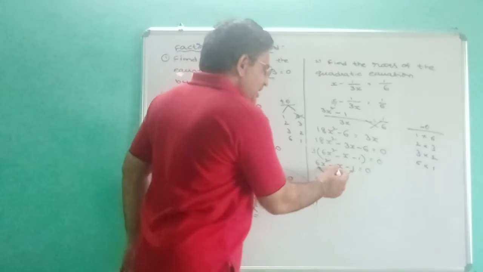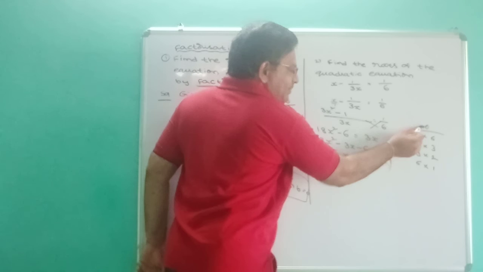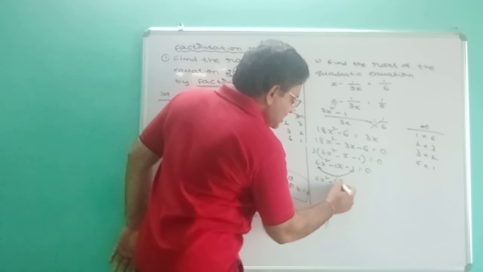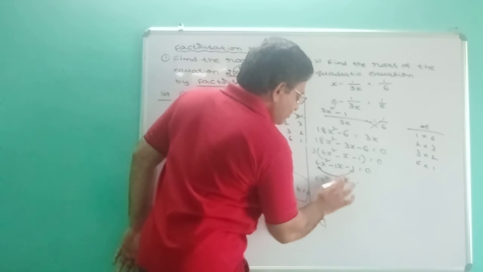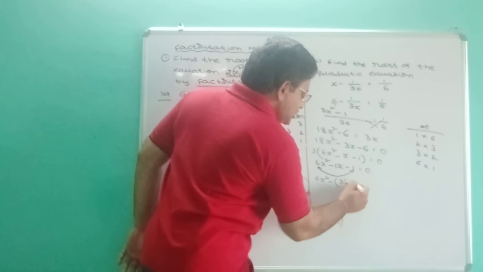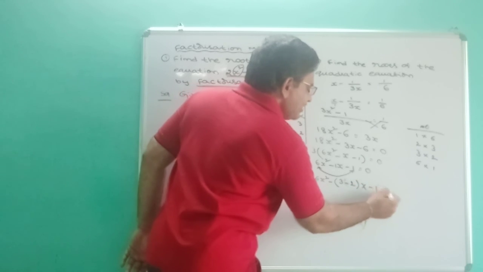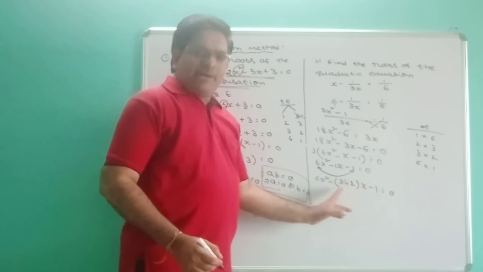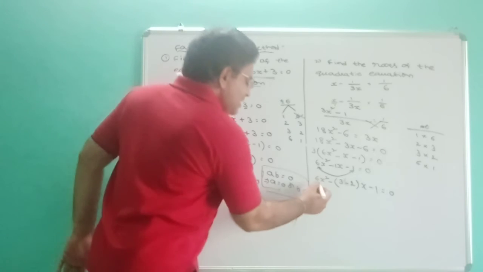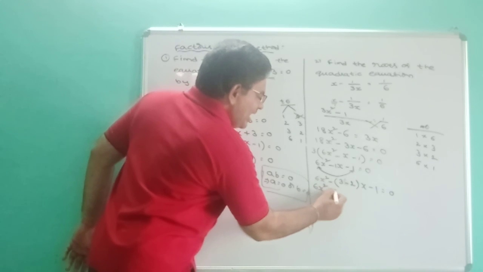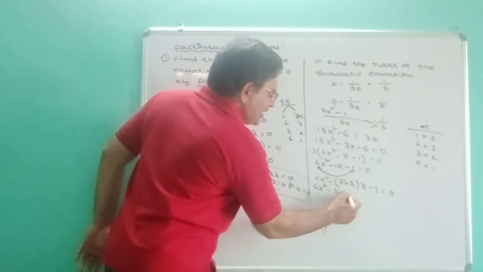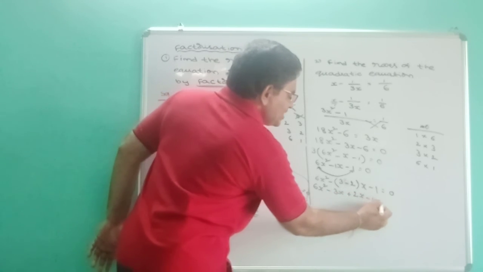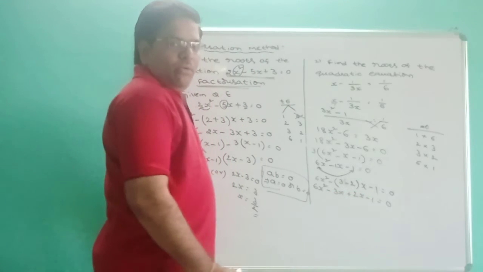That's why in this 1, by using this symbol, how to write: 3 minus 2 into x minus 1 equal to 0 you write. Some of the members are saying directly, but it is the easy way. 6x square minus 3x, minus into minus plus 2x minus 1 equal to 0.